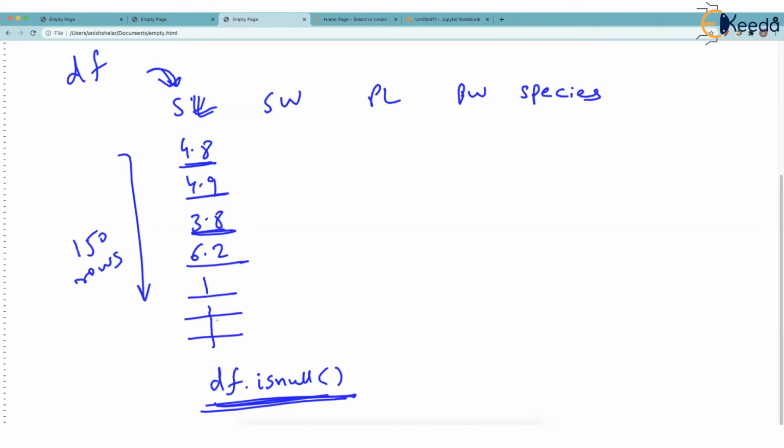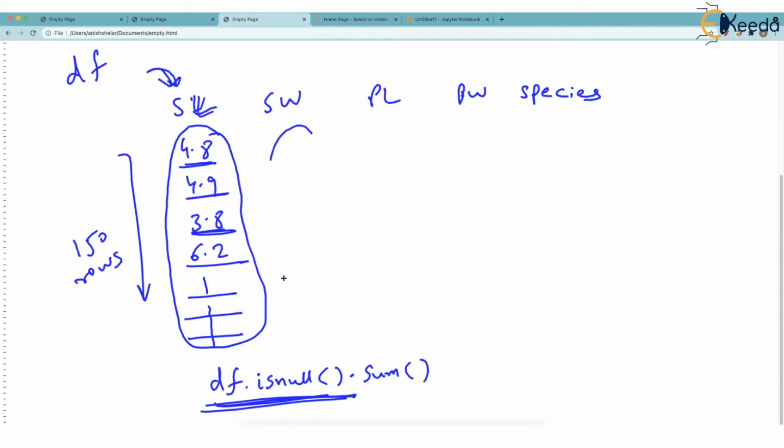You saw all false over there. So how many falses are there here? 150 falses. If you ask it to sum, giving how many such values are true, it will give 0. So we clearly know in the sepal length column, 150 values are not null.